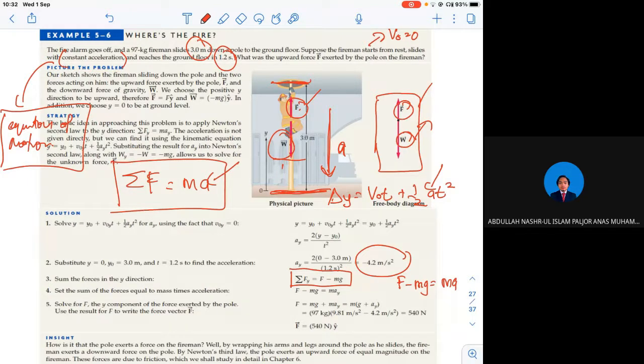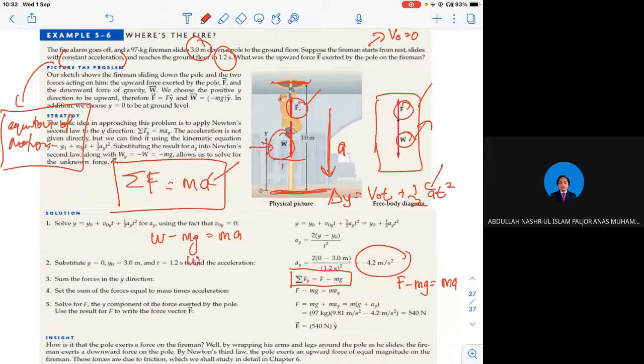I believe everybody should understand why W will reach the ground first, because W is at the bottom compared to the force. That's why in this case I suggest using W minus F equals ma.